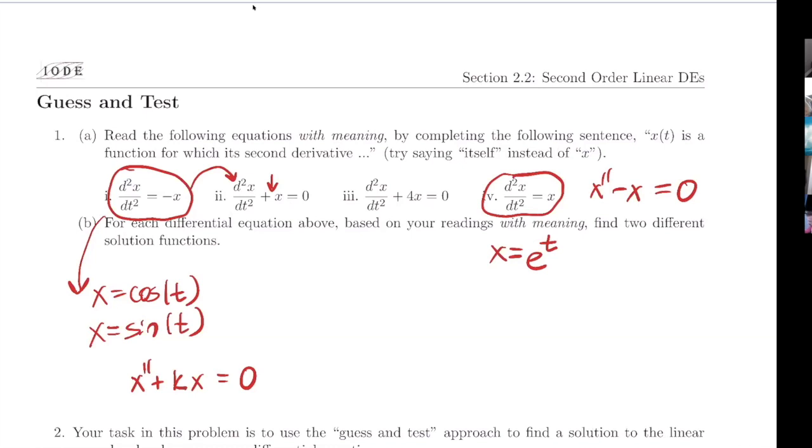And then over here we have one that's a little bit trickier, but we could rewrite this as x double prime is equal to -4x.